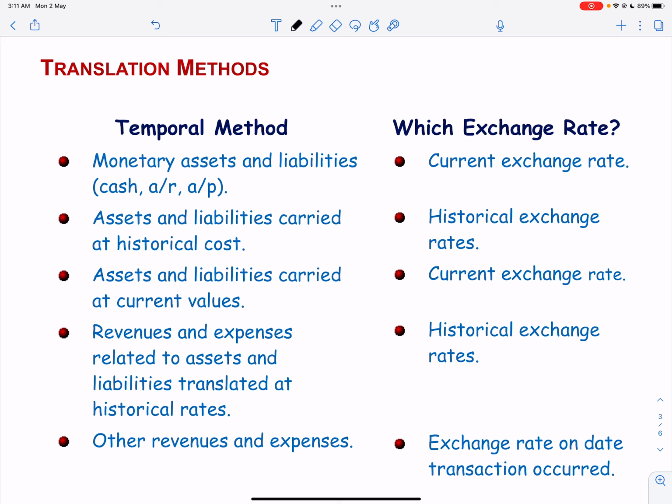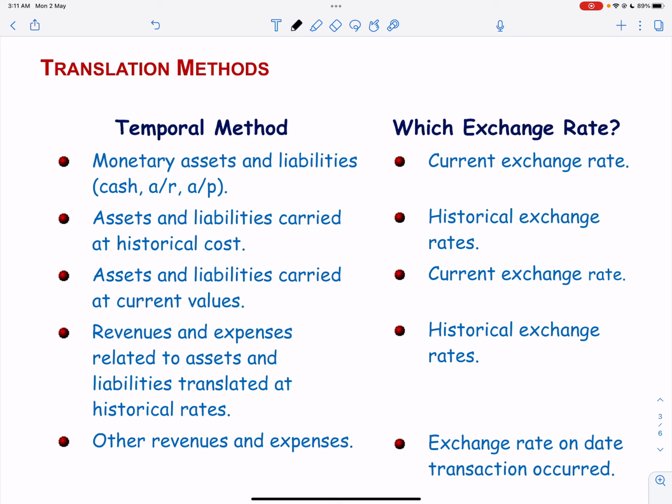In case of assets and liabilities carried at historical cost, use the historical exchange rate. In case of translating assets and liabilities carried at current value, apply the current exchange rate.